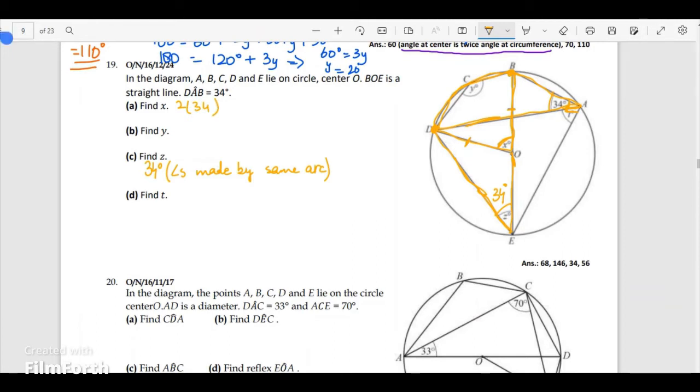Why? Because the angle at the center is twice the angle at the circumference, and hence the answer would be 68 degrees.